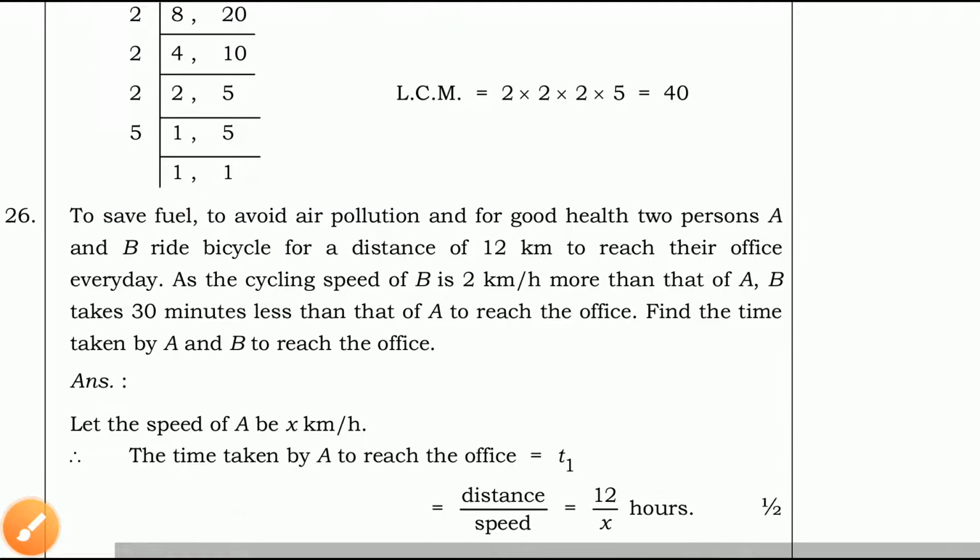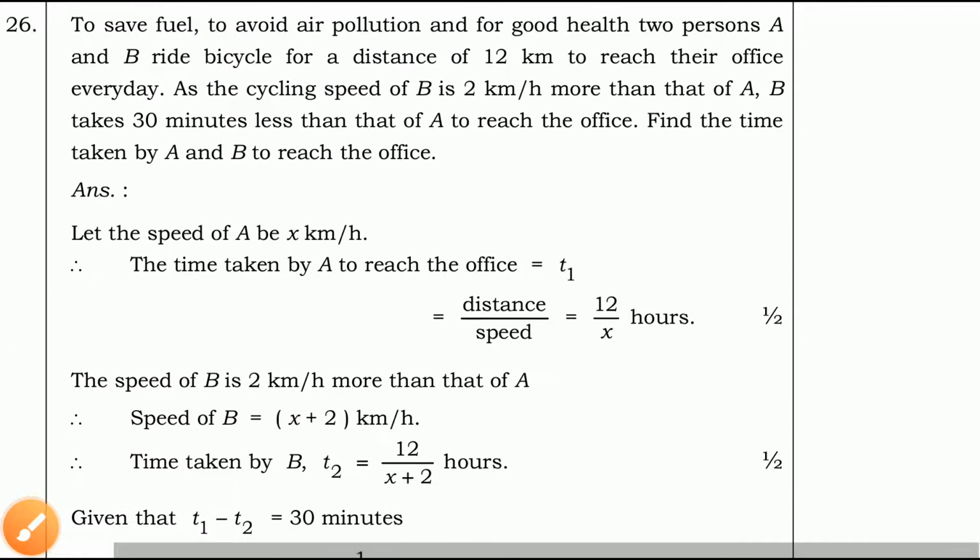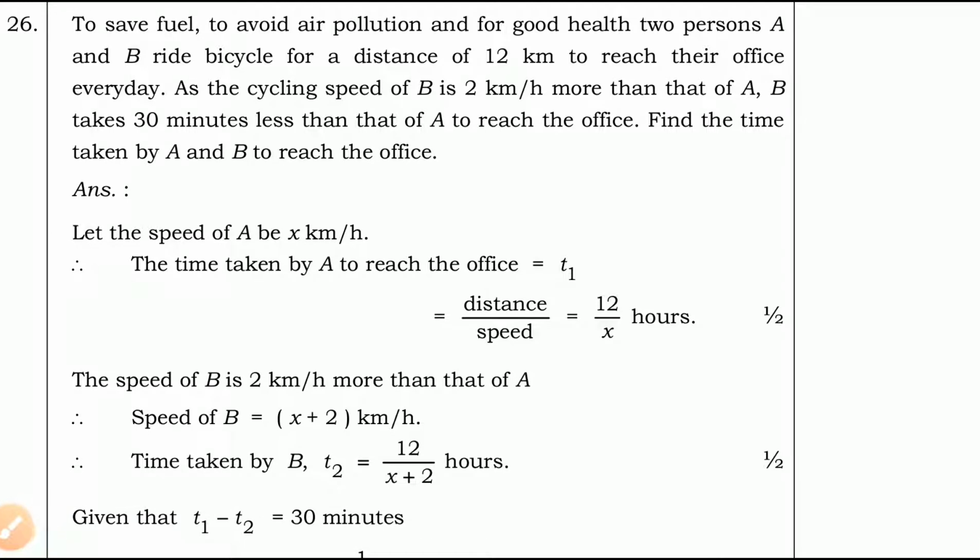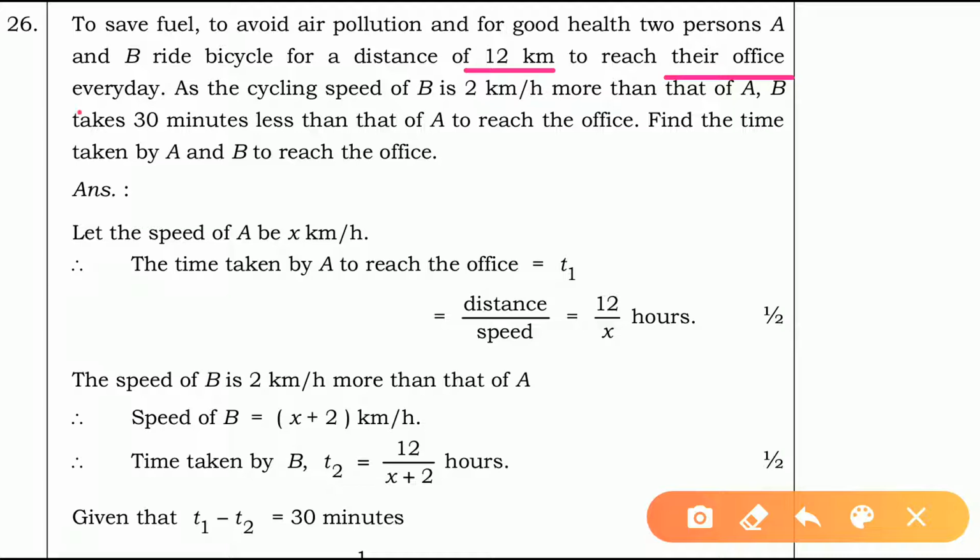Next, question number 26. To save fuel, to avoid air pollution, and for good health, two persons A and B ride a bicycle for a distance of 12 km to reach their office every day.